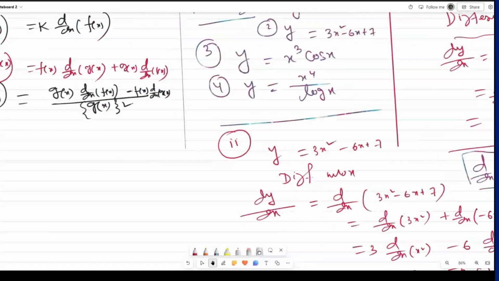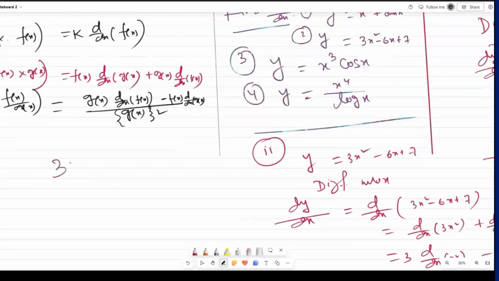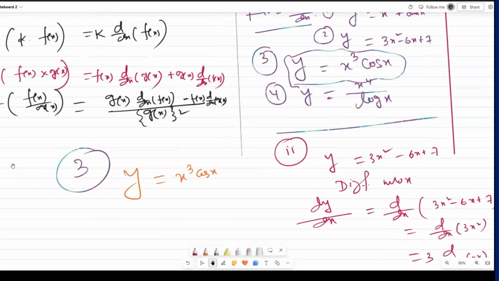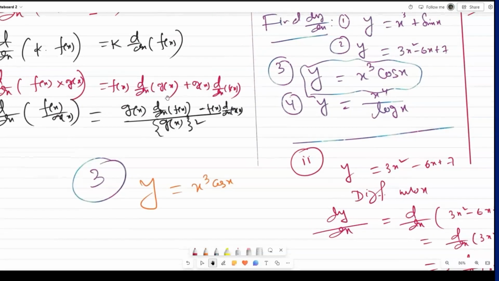Like number 3. Y equals x cube cos x. We'll be using the product rule. What is the rule? The derivative of f(x) into g(x) is f(x) into derivative of g(x) plus g(x) into derivative of f(x).